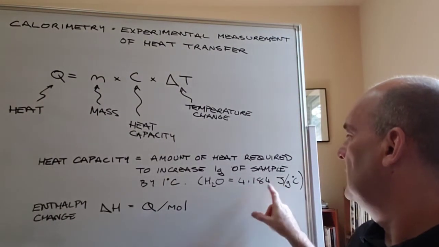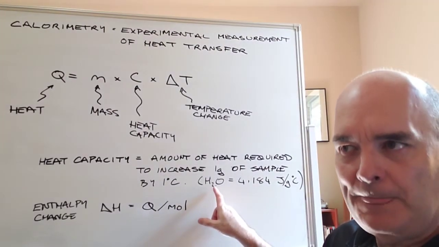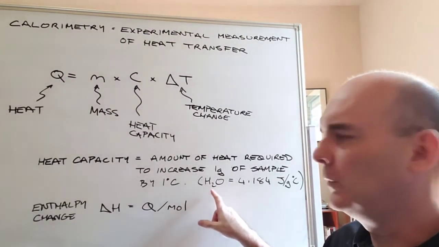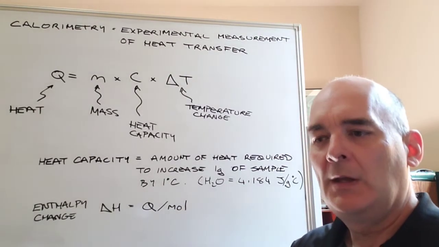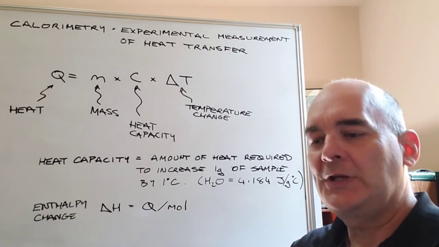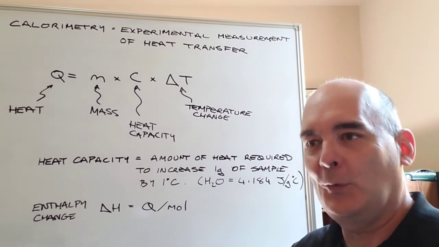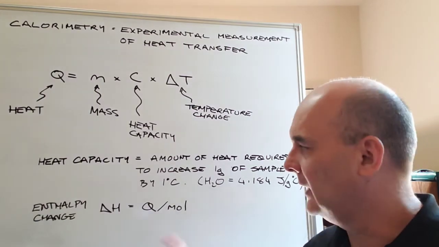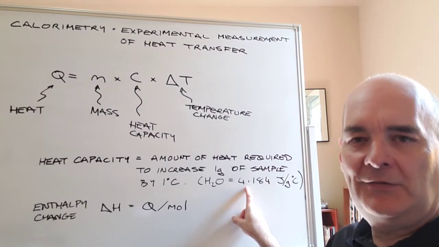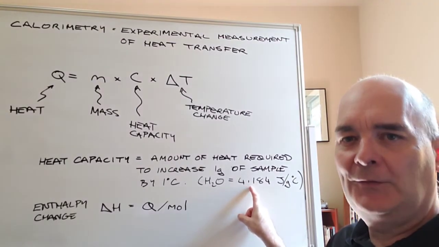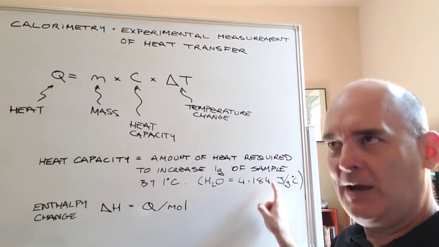And heat capacity for reactions that are performed in solution just fall back on the value of water, because if you've got something in solution that's causing heat to be given out, well, what you're really doing is warming up the water that you're dissolved in. And here's that number again. The specific heat capacity for water is 4.184 joules per gram per Kelvin, or joules per gram per Celsius.